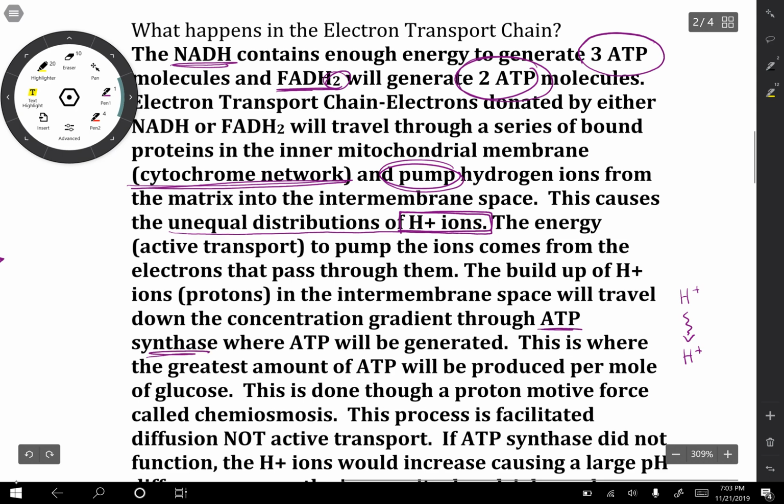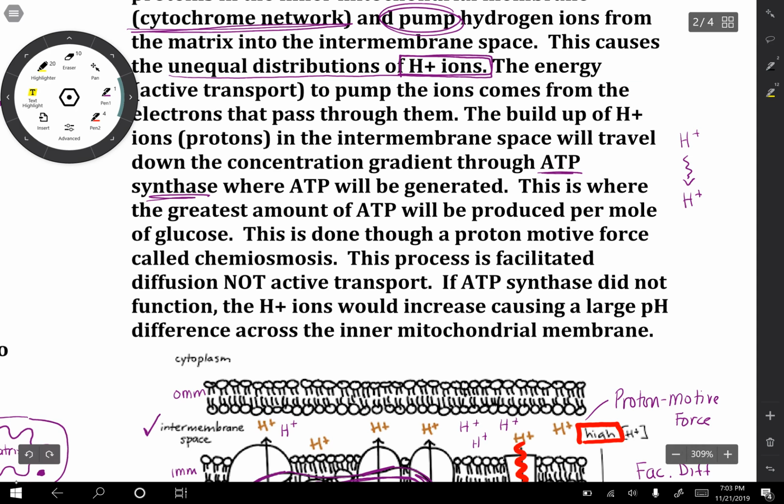And when that happens, your ATP will be generated. A lot of ATP will be generated. And you may see the words proton motive force. That's the force of the hydrogen ions or protons moving through the ATP synthase. Or you may see the word chemiosmosis. Those are words related to hydrogen moving through the ATP synthase, generating ATP.